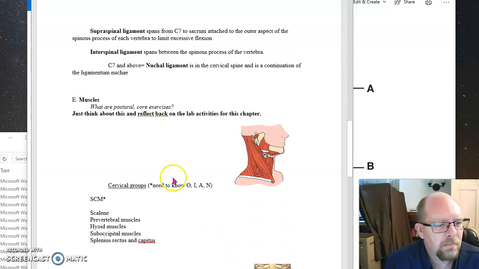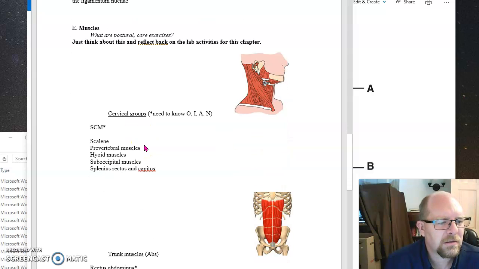So, muscles, well, core, postural, reflect back upon what we did in lab. It's a good place to kind of study up on some of these. And if you look at the muscles I have listed here, you need to know the origin, insertion, action, and nerve for the sternocleidomastoid only.